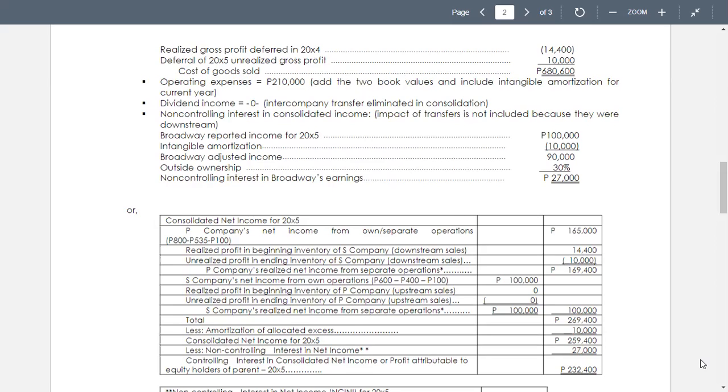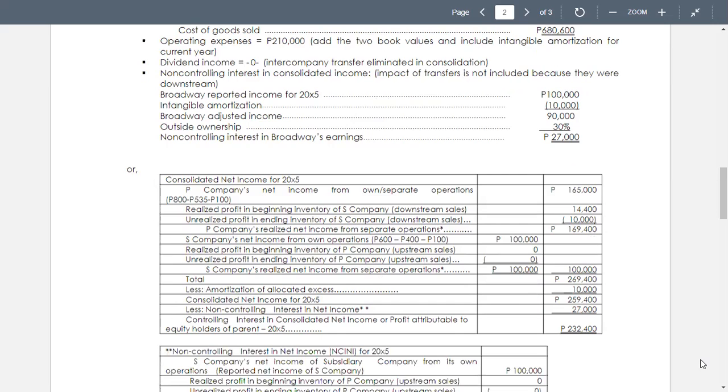Then we deduct the non-controlling interest in net income of 27,000, the one computed above. So the controlling interest in consolidated net income, or profit attributable to equity holder of the parent in 20x5, is 232,400. That's after deducting the non-controlling interest.